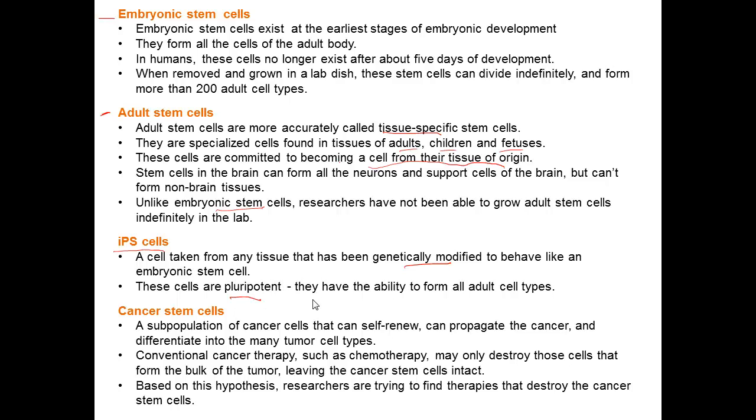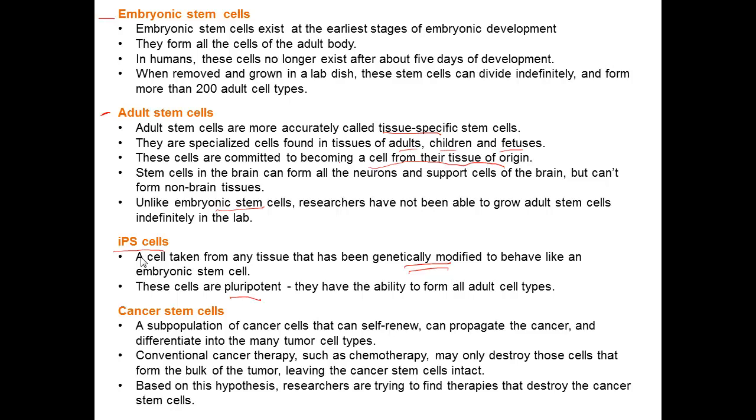They have the characteristics of embryonic stem cells in that they're able to form any tissue type, and they have unlimited replicative potential, but they are genetically different from embryonic stem cells. We've modified them, and they may have some slightly different properties. These are questions that are still being answered.